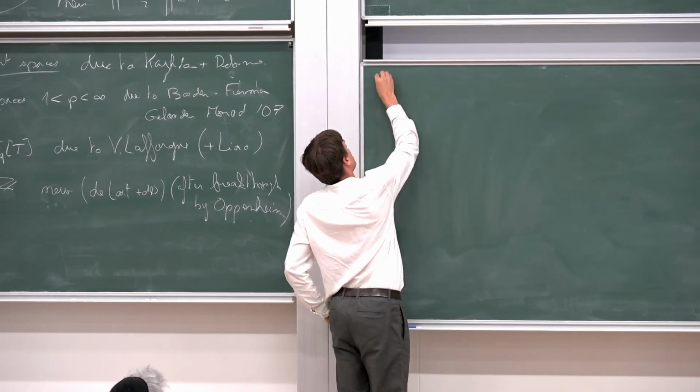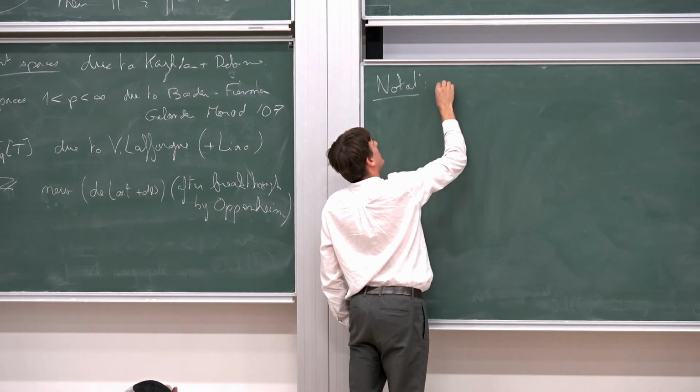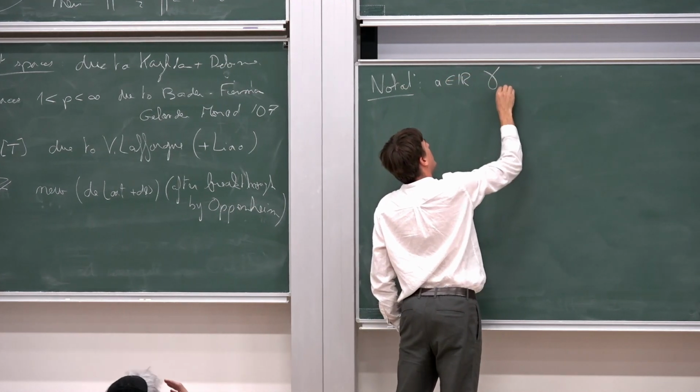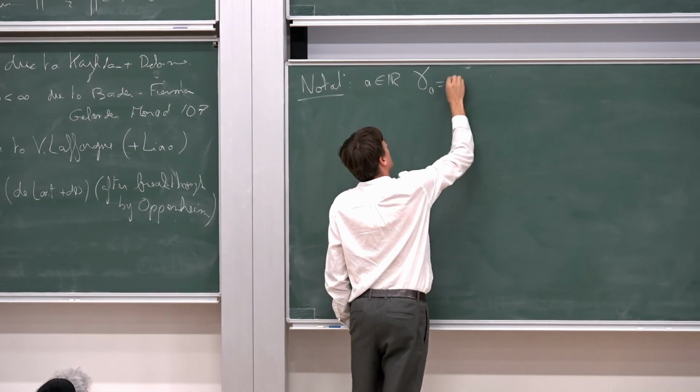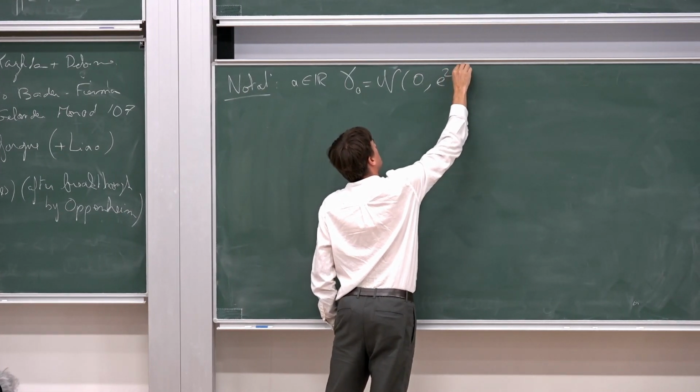So let's introduce some notation. If a is a real number, I will denote by gamma a the Gaussian probability measure with variance e to the 2a.